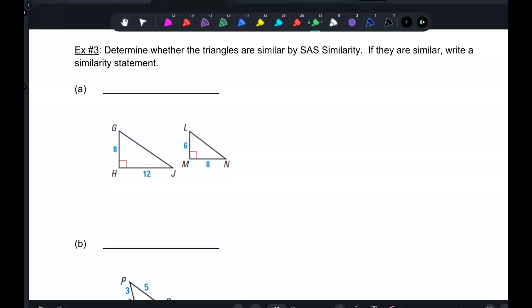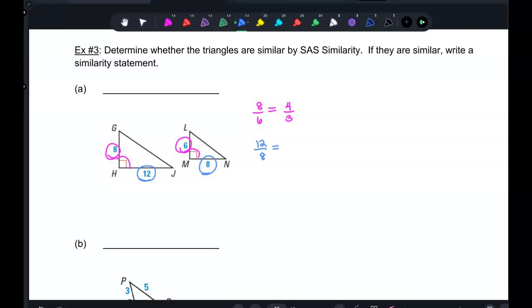Now, for this one, we don't have to do a scale factor. First of all, do we have one pair of angles congruent? Yeah, so these two angles are the same. And then we want to check 8 over 6. What's that reduced to? 4 over 3? And then 12 and 8.